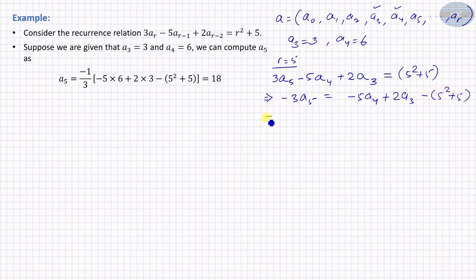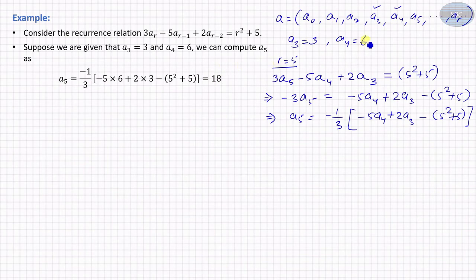Now we can find a5 is equal to minus 1 by 3 times (minus 5a4 plus 2a3 minus 5 square plus 5). We can now put the value of a4 as 6 and a3 as 3, and the rest are the same, and we'll get the value 18.